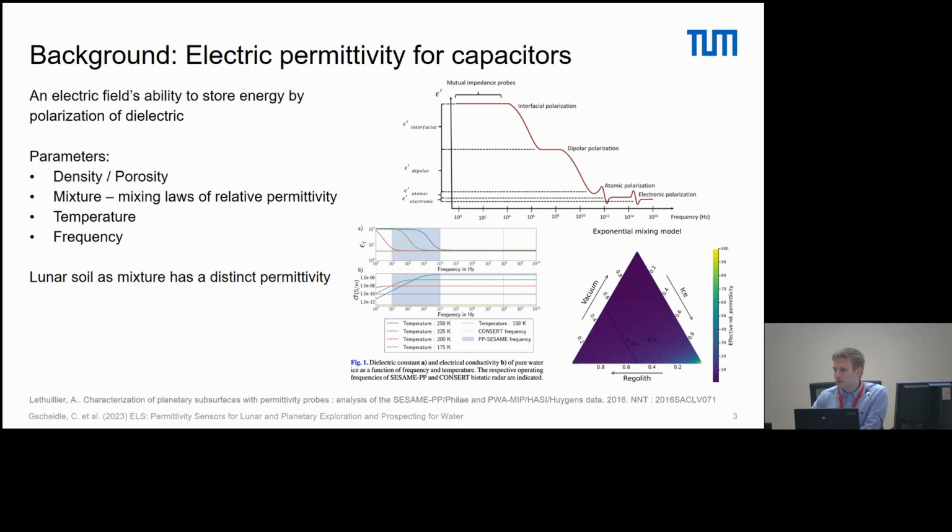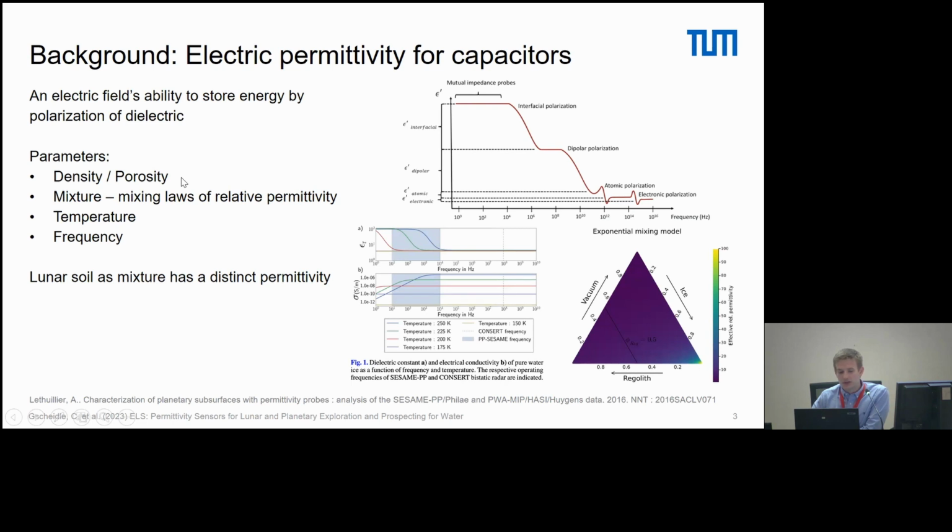We heard a lot about radar and other electromagnetic measurements, but we're not actually looking at the very high frequencies, but much more at those low frequencies where the water has a significantly higher dielectric permittivity than regolith and the vacuum which we would expect to have in this ternary mixture.